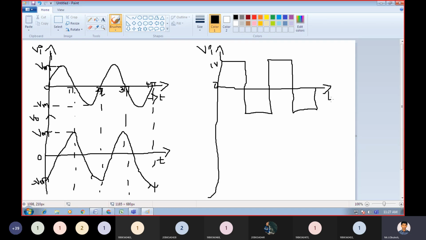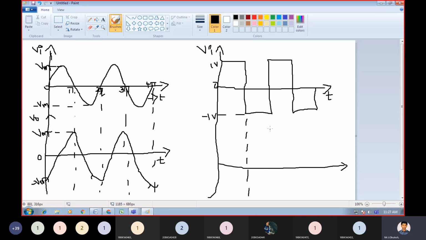This is the time period t. And we get minus 1 volt. Then what is the output? What is the shape of the output signal for input as a square wave? You need to draw like this.